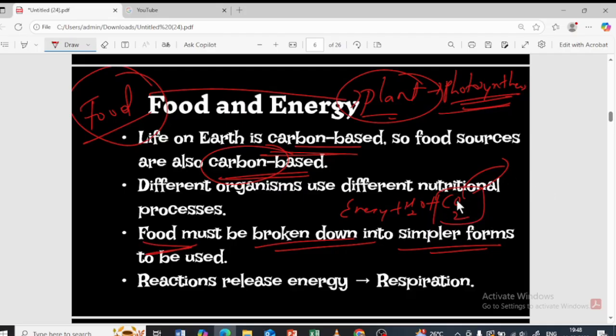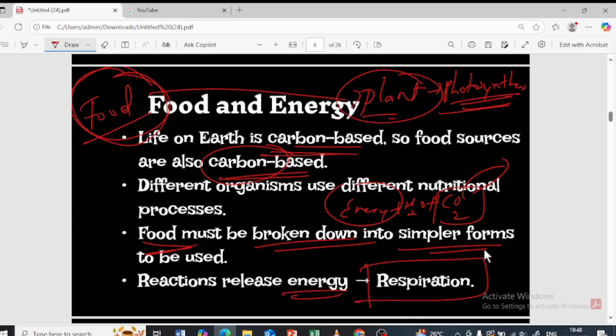The energy is required for all the life processes in the body, for repair, for everything. This breaking down of carbon based food, prepared by photosynthesis, in order to release energy, is called respiration.